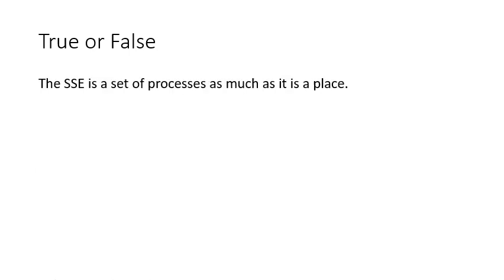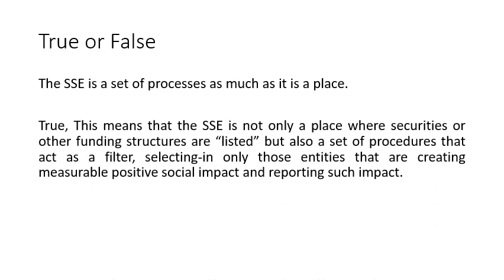Now we move on to the third statement. SSE is a set of processes as much as it is a place. Now this is a slightly tricky statement. Social stock exchange is definitely a place, but it is also a process, and the statement is true.